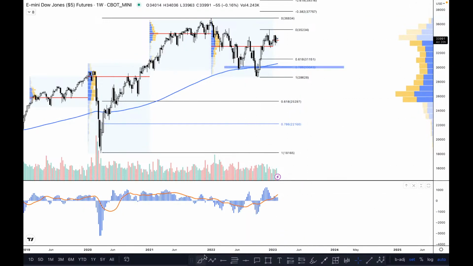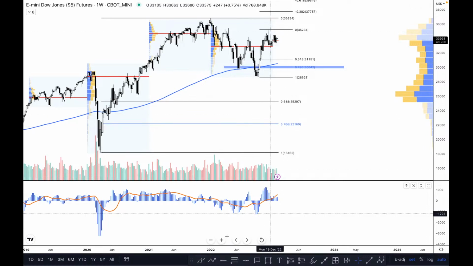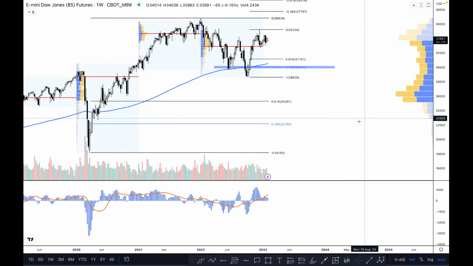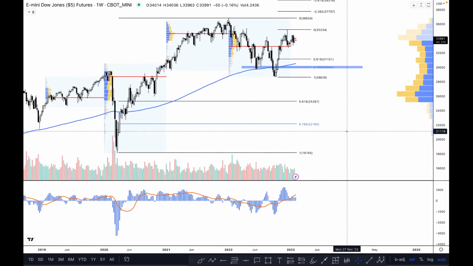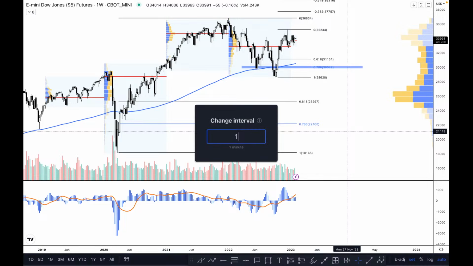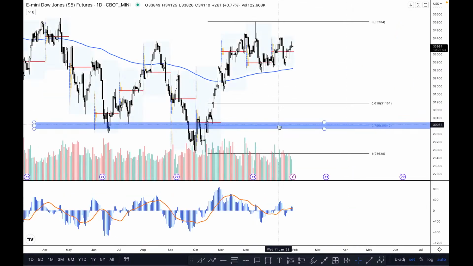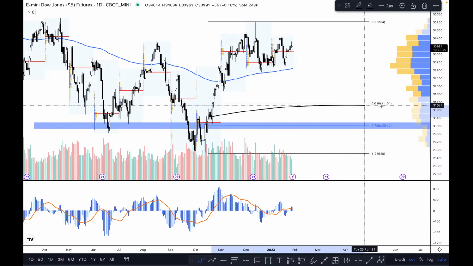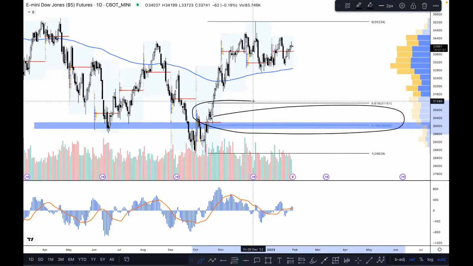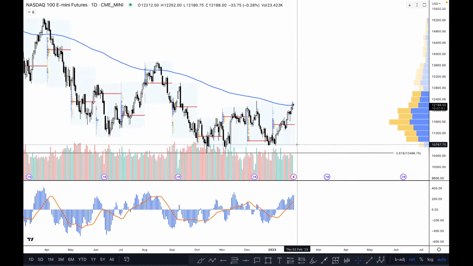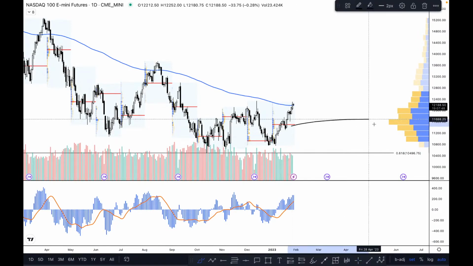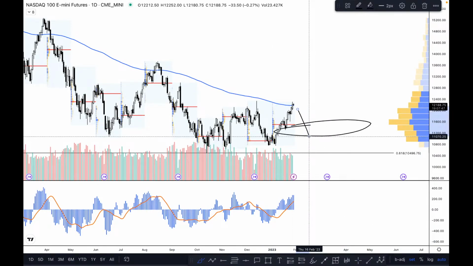Of course, it won't be that fast. There's going to be a lot of price action in between, but just for lack of my artistic skills. Let's go to the daily real quick. It's interesting because there's still a lot of imbalance down here, which is good for the idea for this to drop.